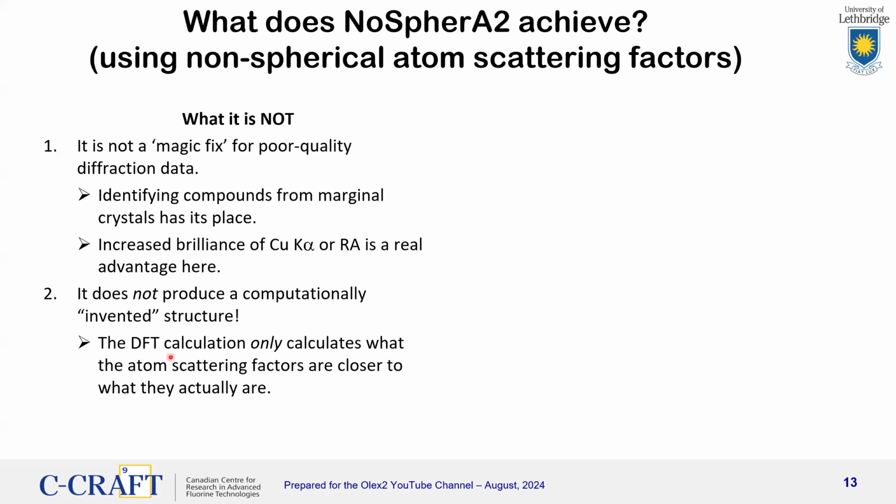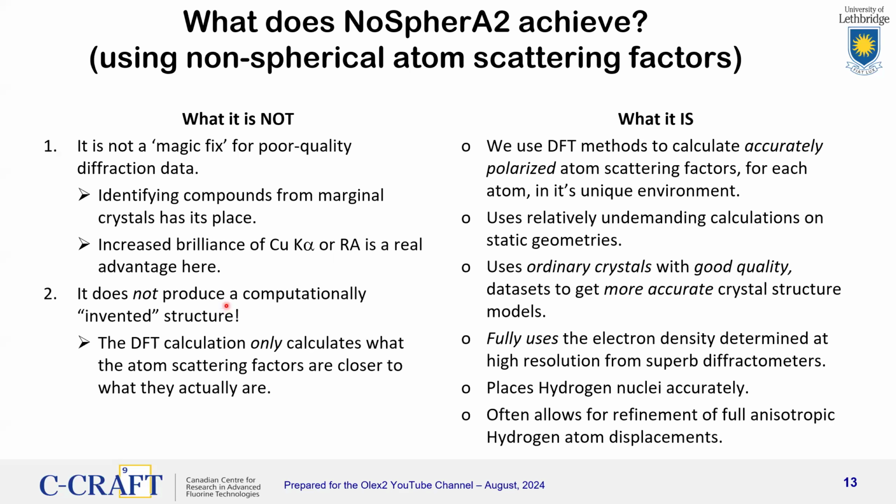The role of the DFT calculation is to calculate what the atomic scattering factors are closer to what they actually are, greatly improving the structure factor. So that is what it is. We use DFT methods to calculate accurately polarized atom scattering factors for each atom in its unique environment.